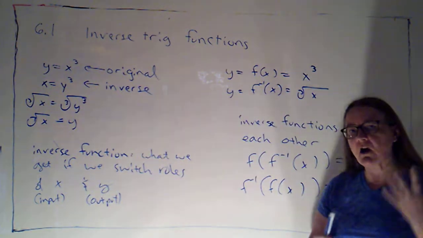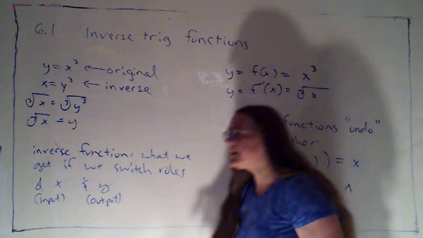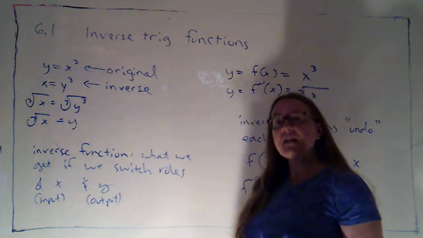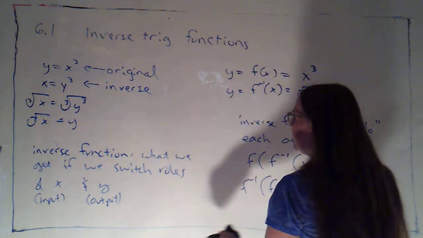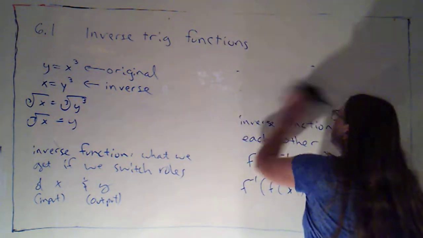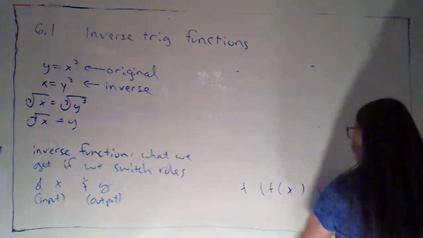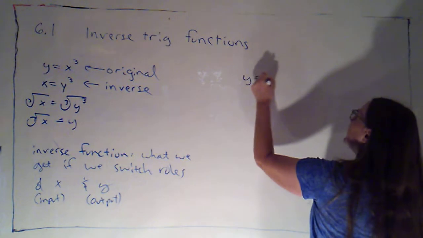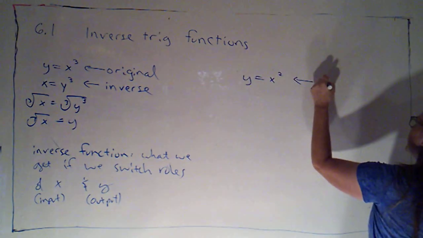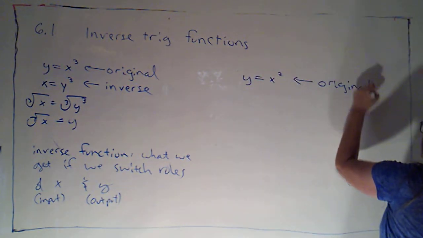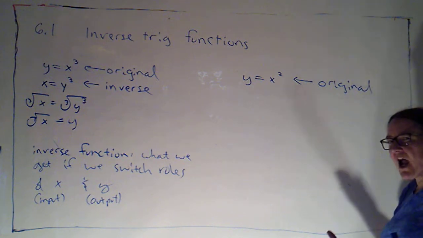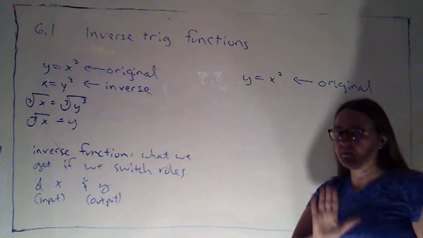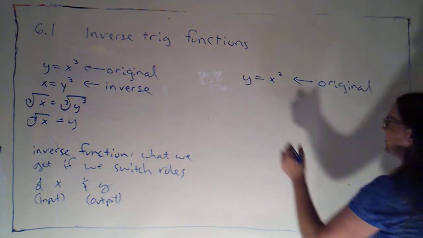But there's an important caveat there, and that's that not all functions have an inverse. Not every function is invertible. And let me just give you an example. If I look at y equals x squared, and I think of this as the original function, and I try to find an inverse for it, I'm going to fail because this function is not invertible.